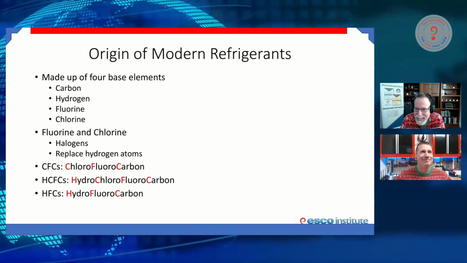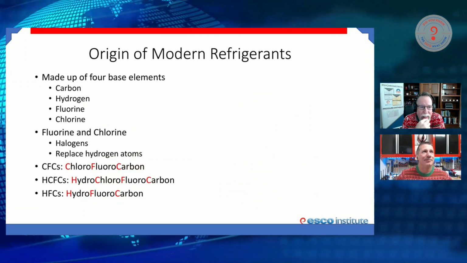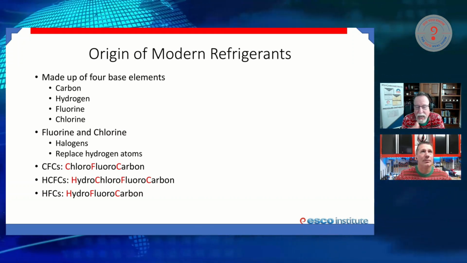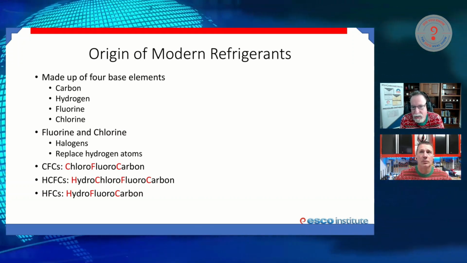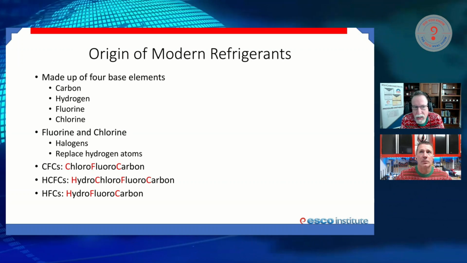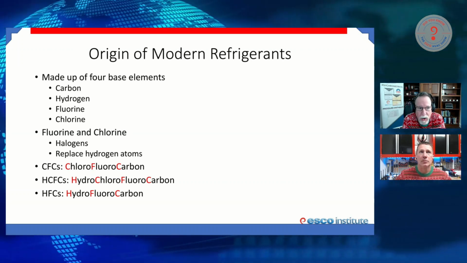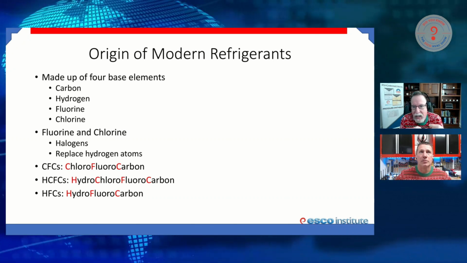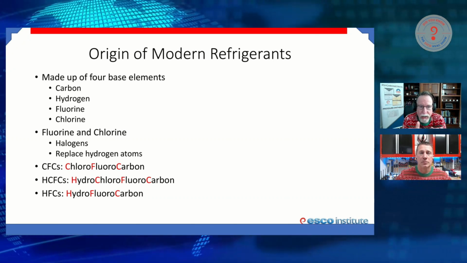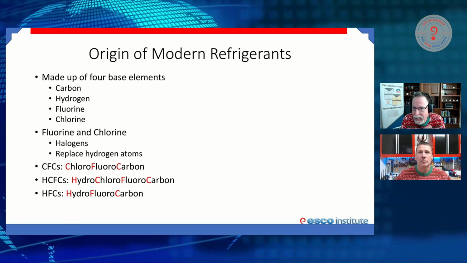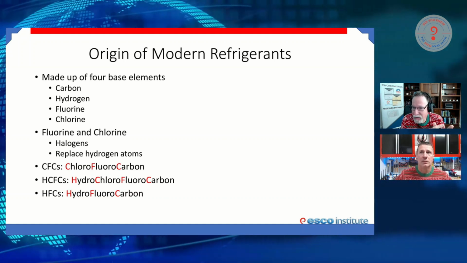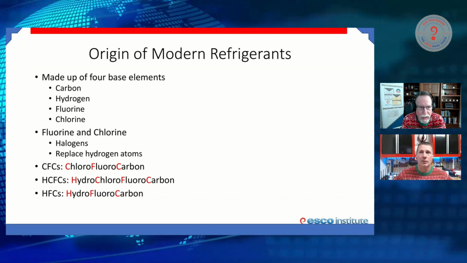So what we do is we take those hydrogen atoms and we pluck them off the molecule, and we replace them with what we call halogens. Halogens: fluorine, chlorine, bromine, iodine, astatine. The popular ones in our industry are fluorine and chlorine.